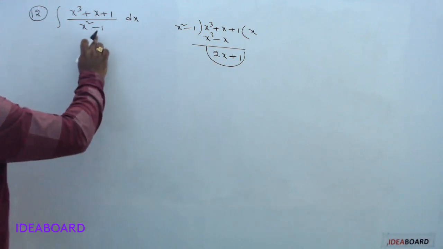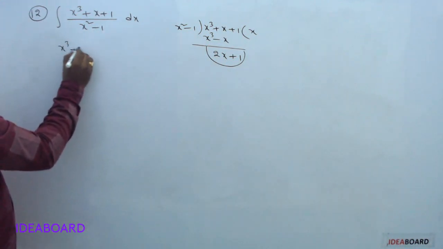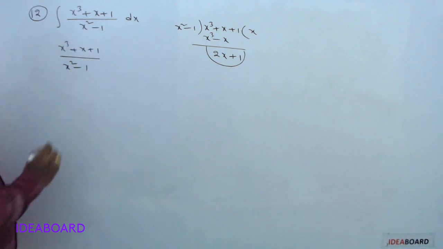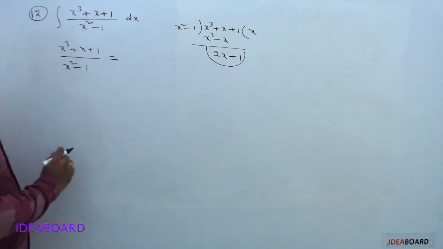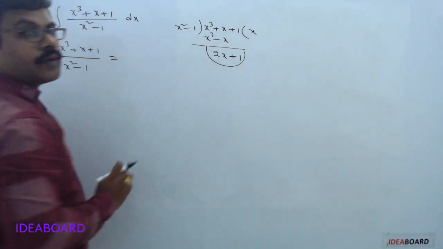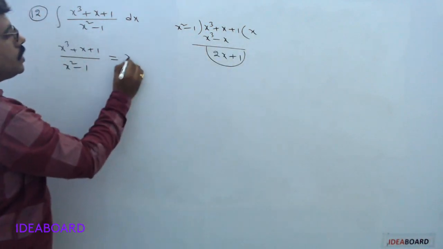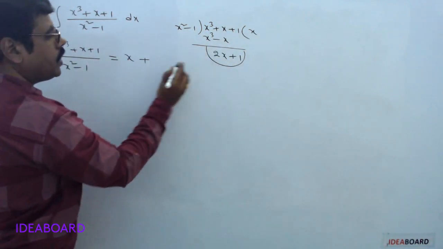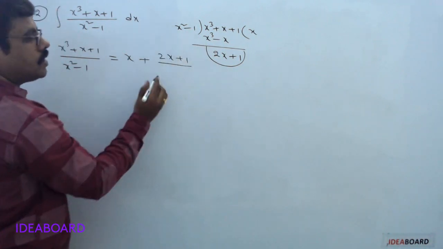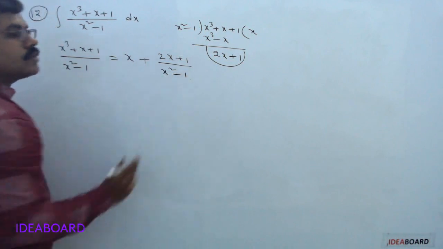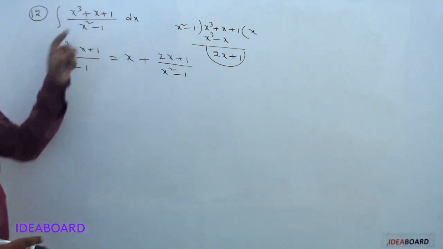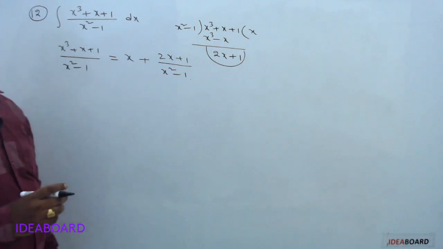Now you can express this improper fraction x cube plus x plus 1 divided by x square minus 1 as quotient plus remainder divided by divisor. The quotient is x, plus the remainder 2x plus 1 divided by the divisor, that is x square minus 1. See once again, the given fraction is an improper fraction.